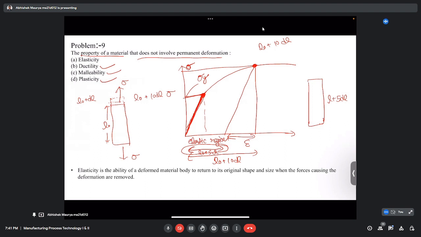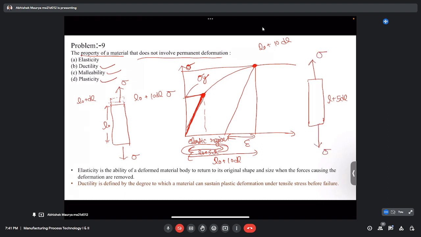So there are a few minor differences. Ductility is mainly for the plastic deformation of the material when we apply tensile load.